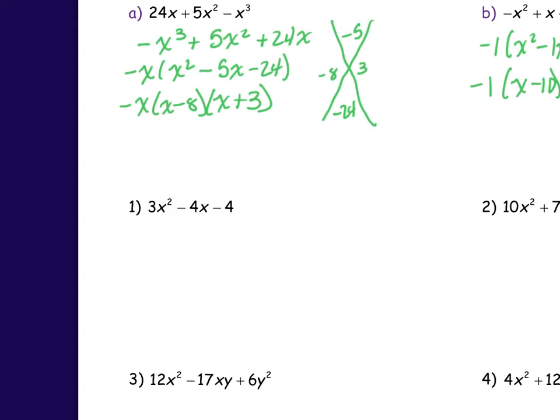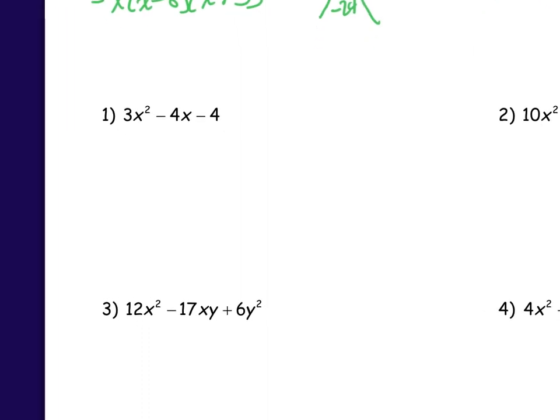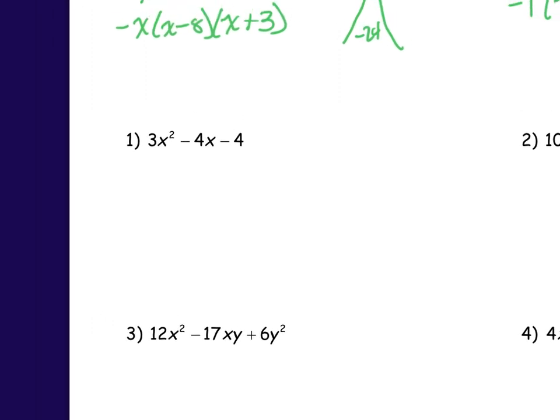Okay, so now we're to where I can't factor my a out. This is where we're going to use, remember, I'm going to go back, I keep skipping around, this one.